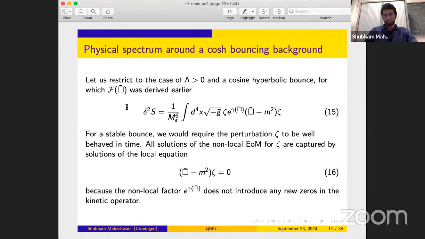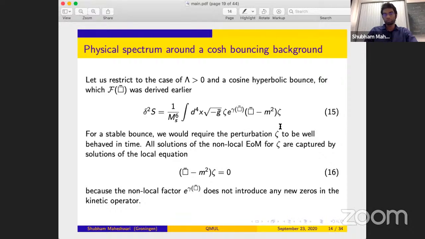In this case, the cosmological constant is positive, and the quadratic action looks as it is given in equation 15. There is only one degree of freedom, zeta, and in 3+1 cosmological perturbation theory you can easily see that this is just one scalar degree of freedom.